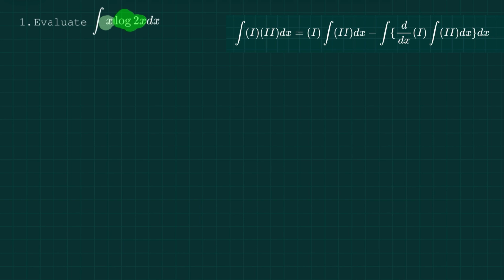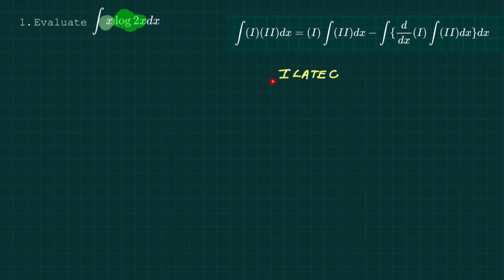So for that we have one more rule which we have to remember, that is ILATE, and add C also at last. Here I means inverse trigonometric functions, L means logarithmic function, A means algebraic functions, T stands for trigonometric functions, E for exponential, and C for constant.